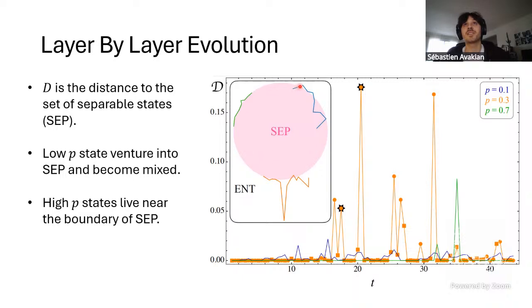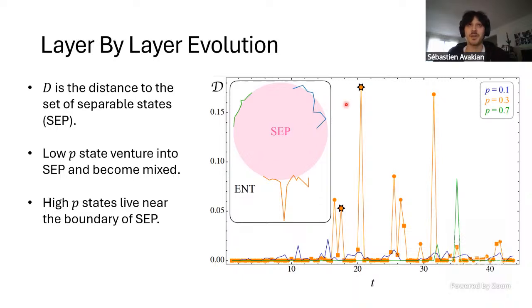Sometimes with some measurements, it can pop out and be slightly entangled, but throughout the evolution of the circuit, it keeps falling back deeper into the set of separable states. One way to avoid this would be to measure it, but in the low P regime, there are not enough measurements to keep the state pushed out.